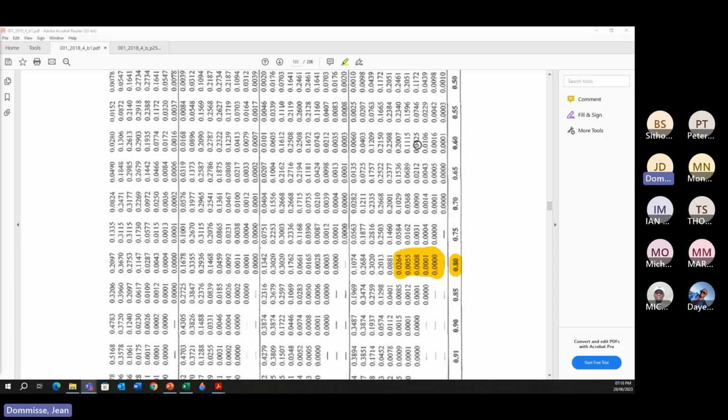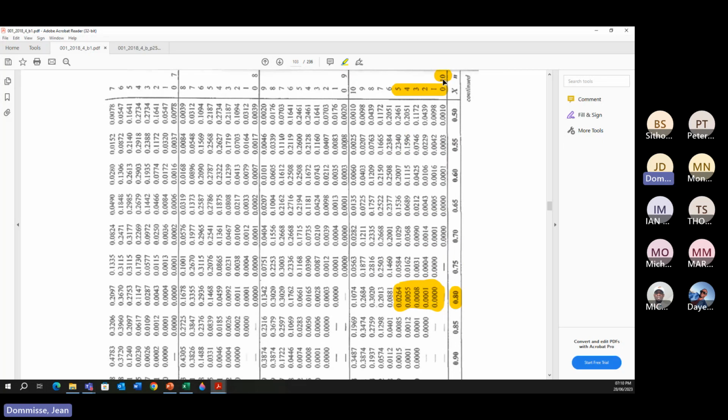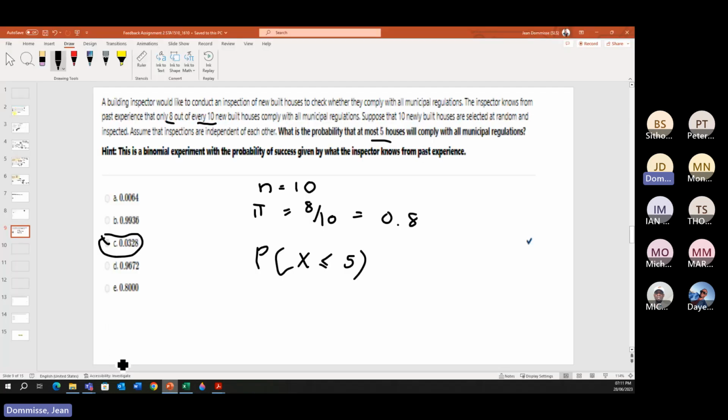Then we look where n is equal to 10, and where x is smaller or equal to 5. So we'll see that we will need to add those. When I look at it on the table, I need to add all of those yellow ones. And that would have given us 0.0328. Okay, they also tell us it's binomial. So that was another hint for you guys.